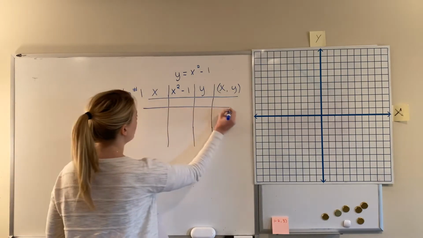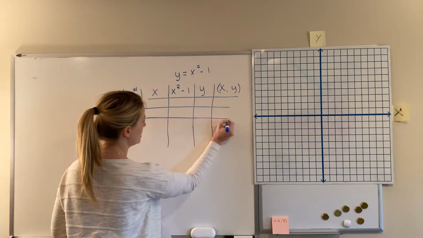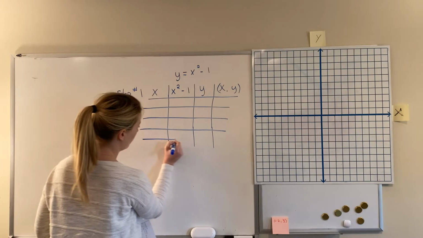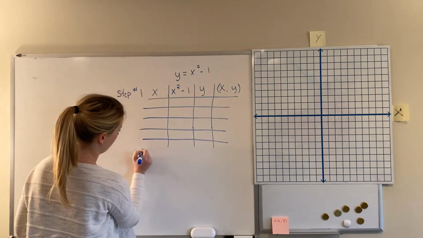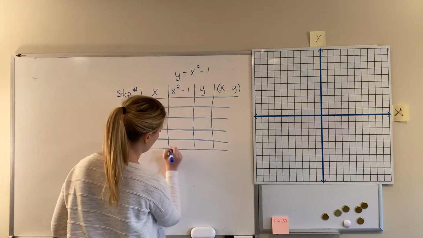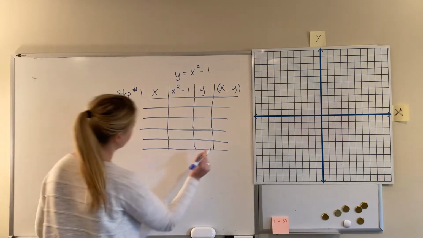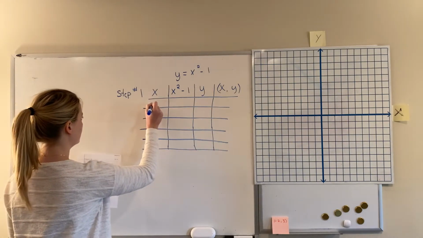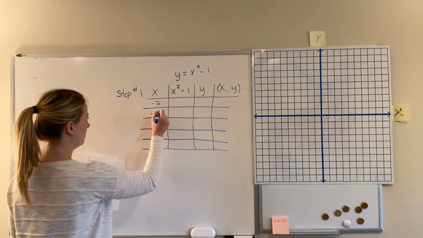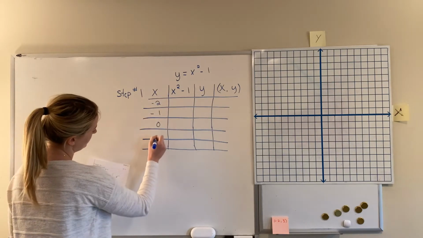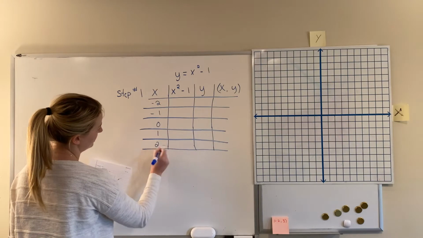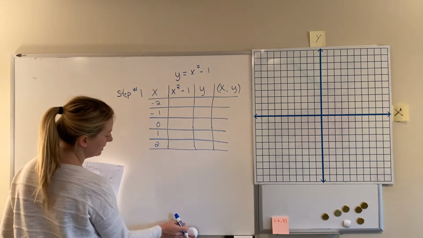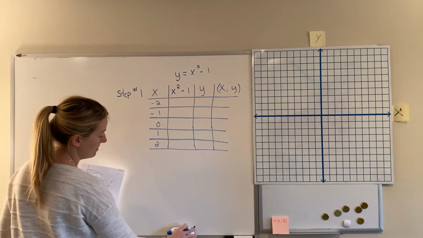So 1, 2, 3, 4, and then this one's going to be our 5th. As we continue to look at the examples, for x, they tell us to use the values -2, -1, 0, 1, and 2. That's the value we're going to plug in for x every time.